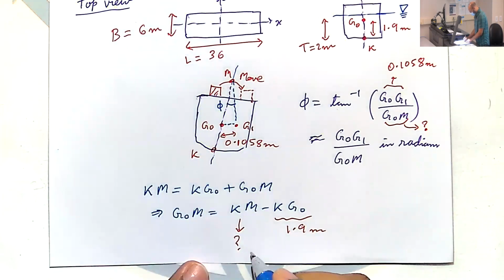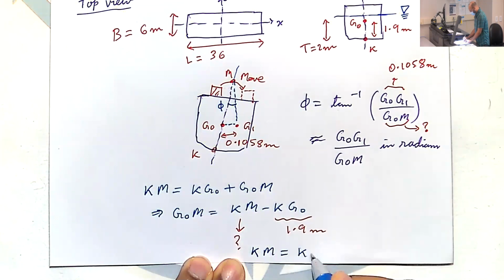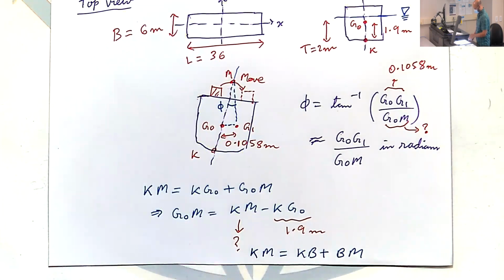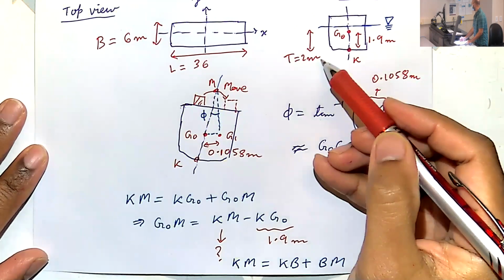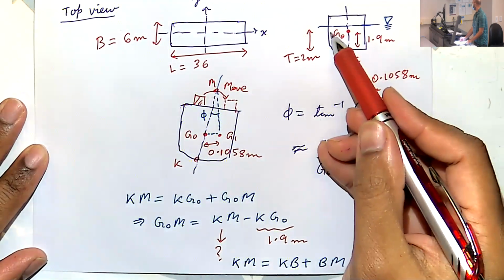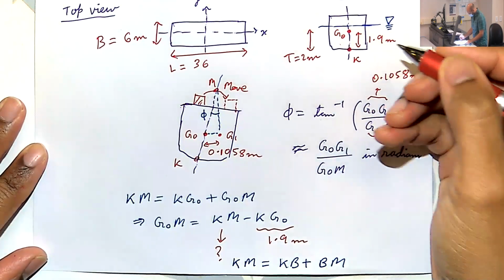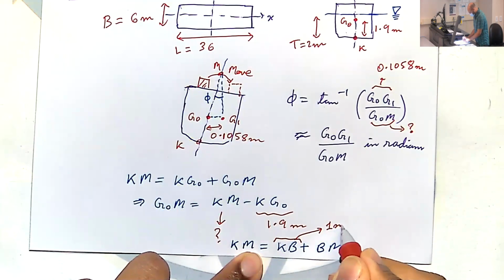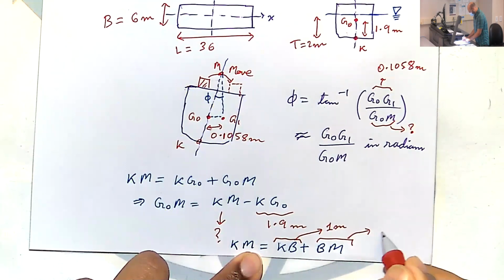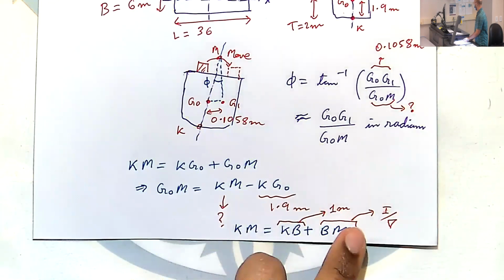To compute that, you can just use KM is KB plus BM. If it's a rectangular pontoon, you know how to compute KB. It would just be 1 meter. And BM is I over nabla, the same thing we did in the last class.